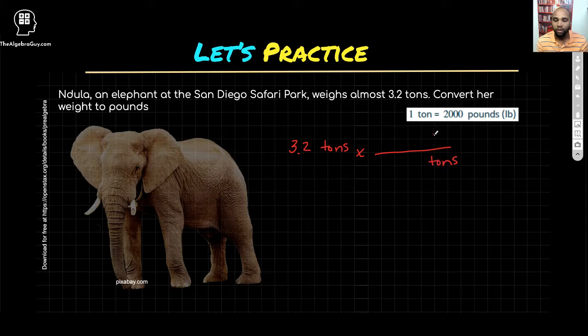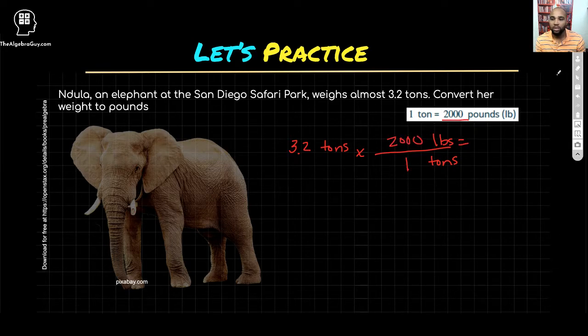But I want to convert that to pounds. If I can go straight to pounds from tons, that's wonderful. And I can because I know how many pounds there are in a ton. There's 2,000 tons, well, I did it backwards, didn't I? So there's 2,000 pounds in 1 ton. Good thing I looked up here.